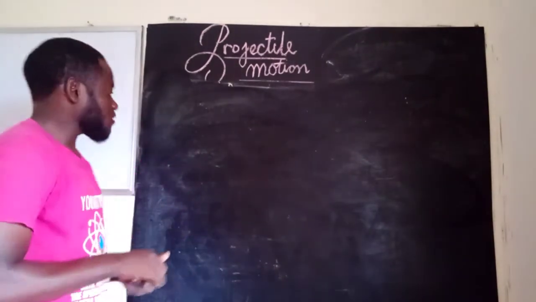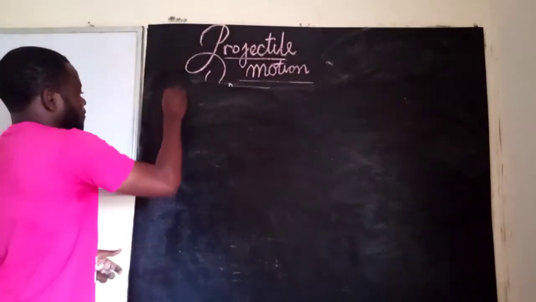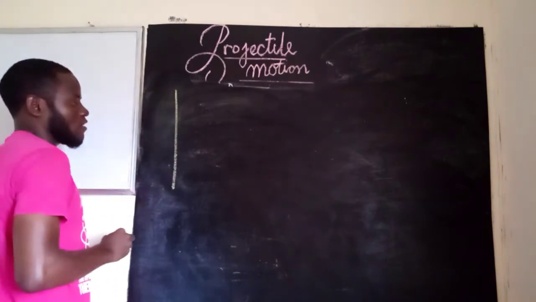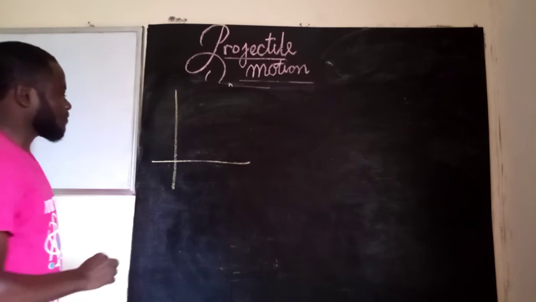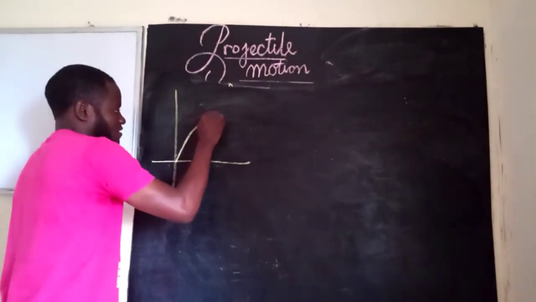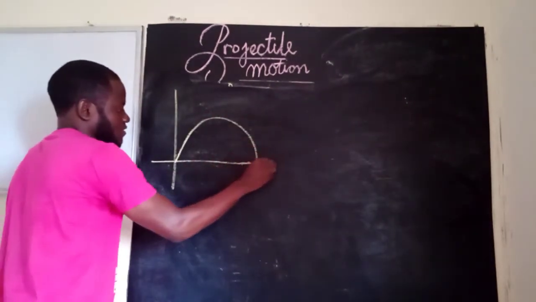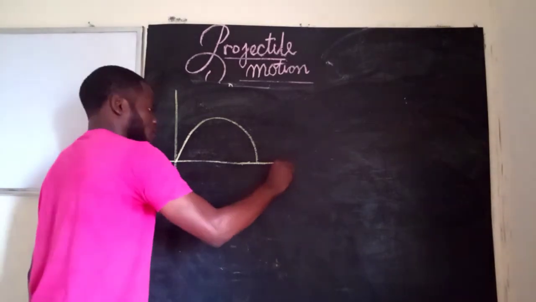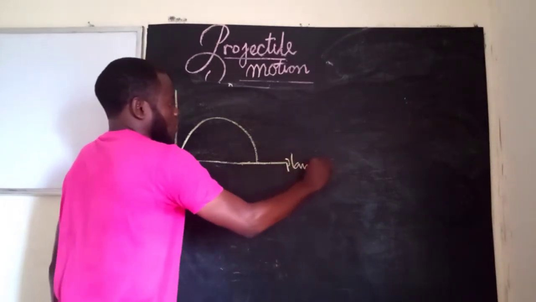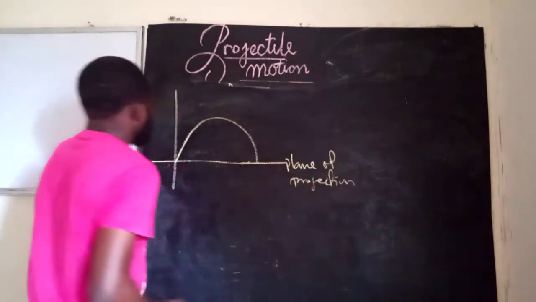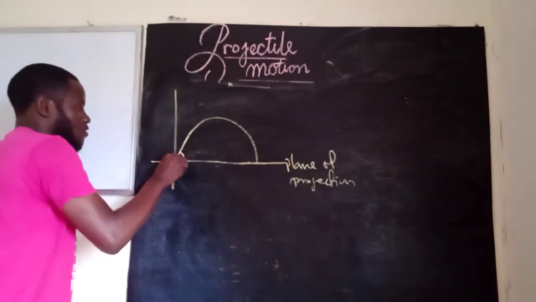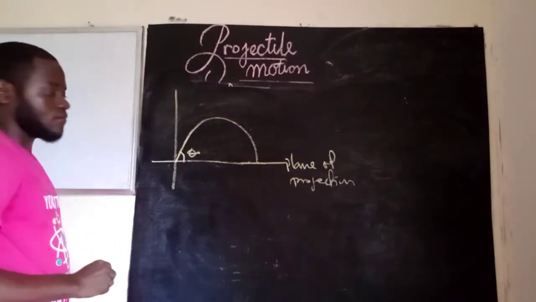Now, let us consider this is the vertical component and here is the horizontal component. This is a body that is projected. Now here will be the plane of projection. Remember, this is an angle of inclination, theta.